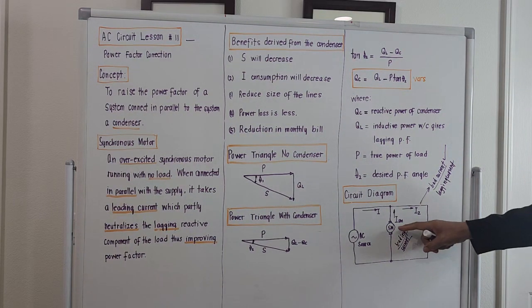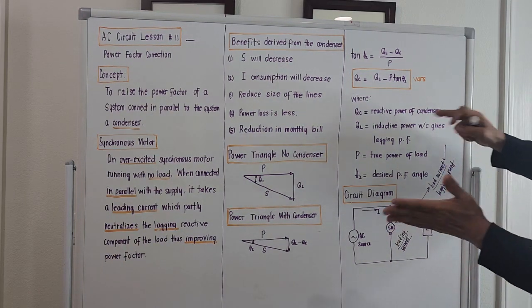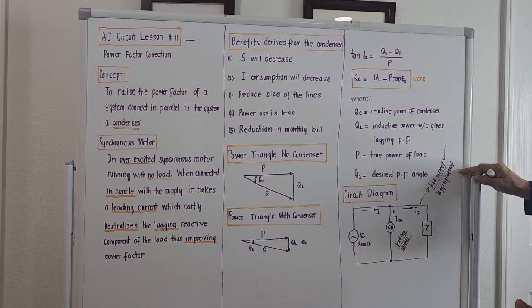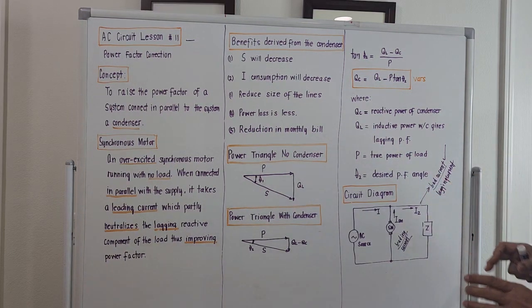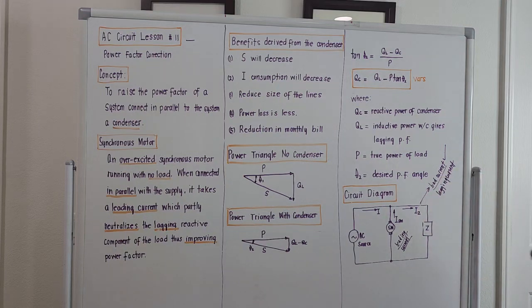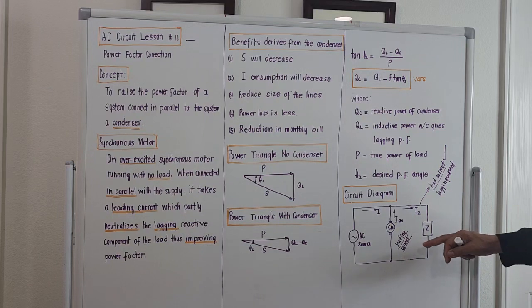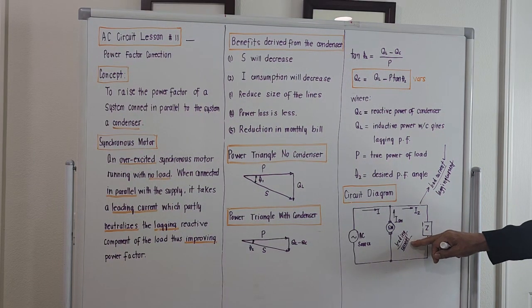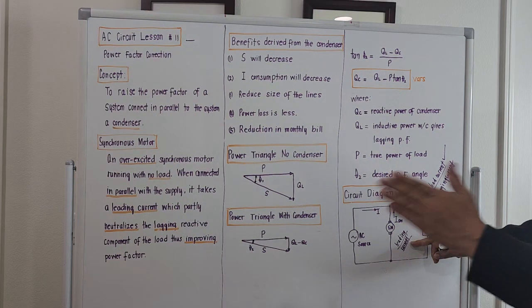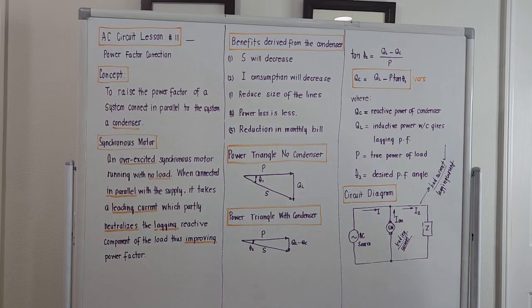So this leading current fights with this bad current, which is termed the lagging current, such that we only retain a small part of the lagging current. So you just produce not so much leading current, and this lagging current will be minimized.